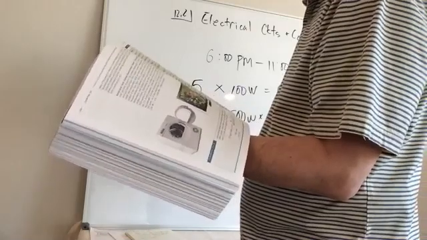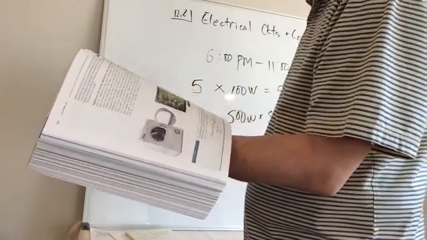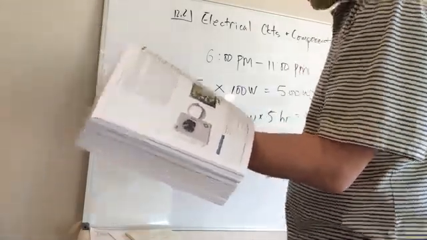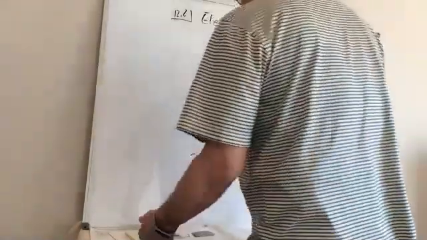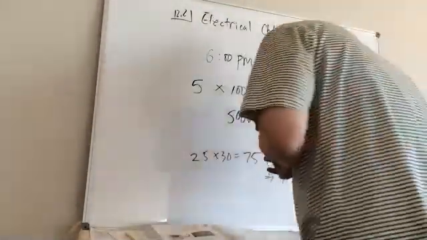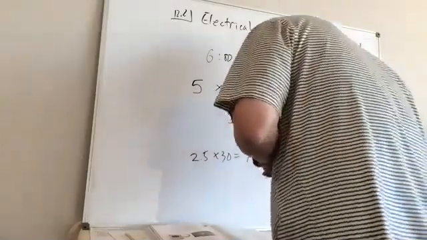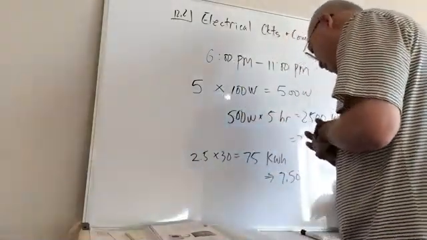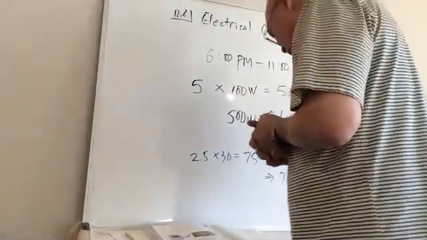Water heater. Water heater is like 4,500 to 5,500 watts. Okay, so it's going to be 4.5 to 5.5 kilowatts.